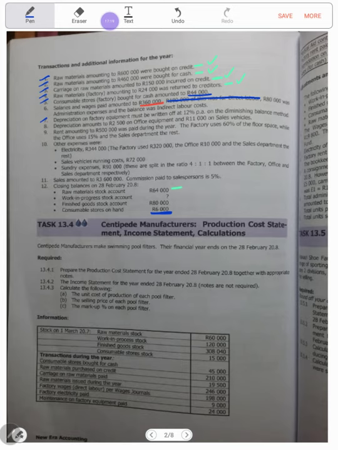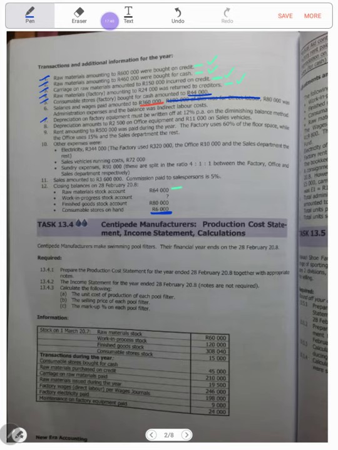Alright, so we're moving on to number 9. Rent amounting to 500,000 was paid during the year. So our rent for the full year amounts to 500,000. Of this 500,000, the different departments will pay a certain percentage of the rent. And then they clarify those percentages for us.